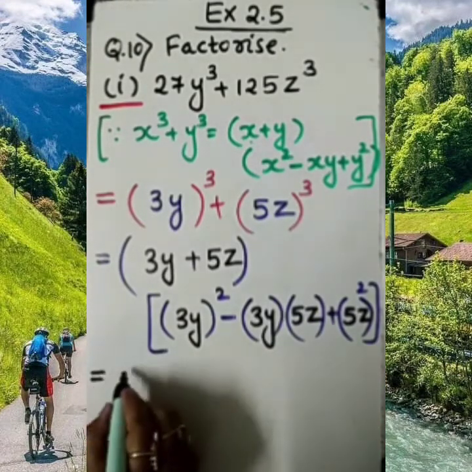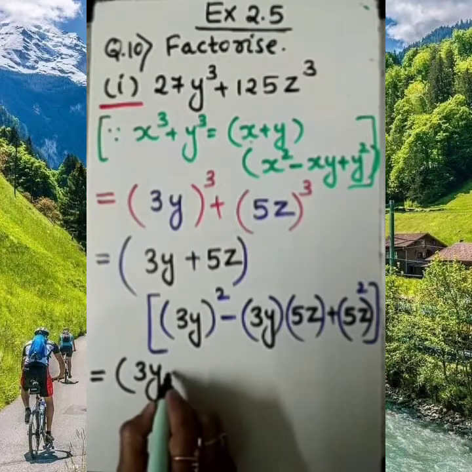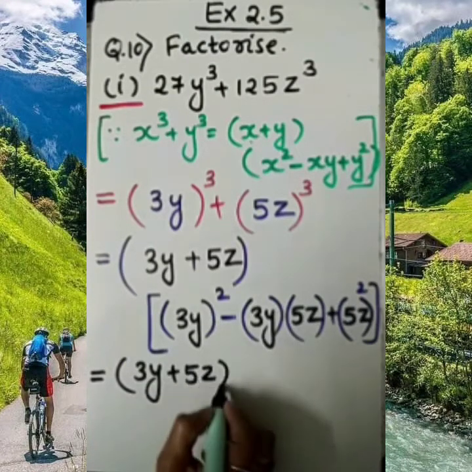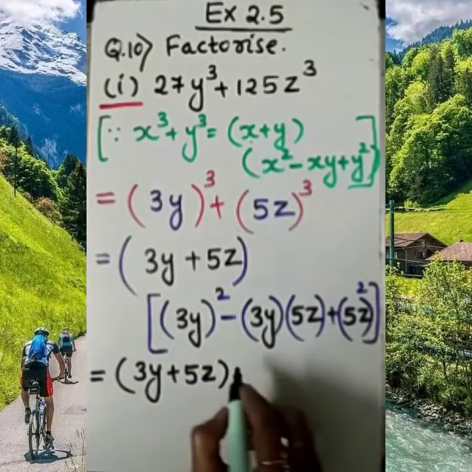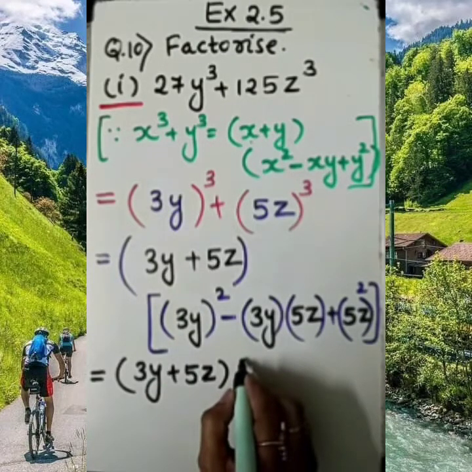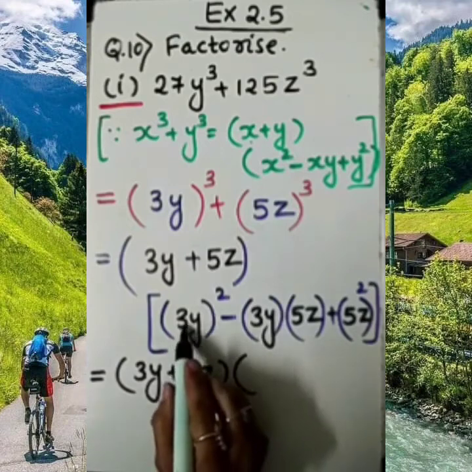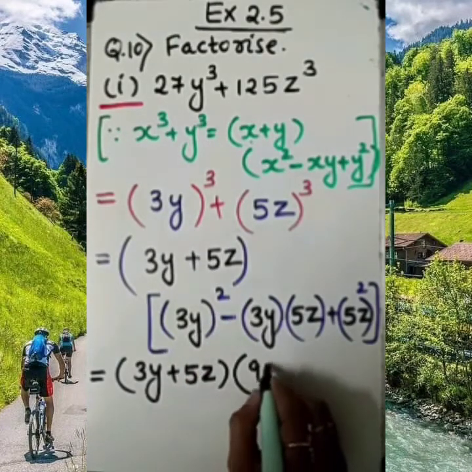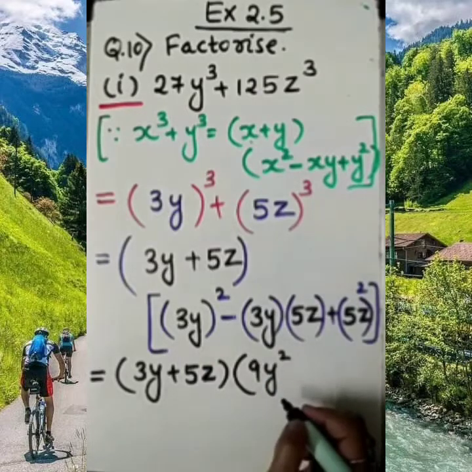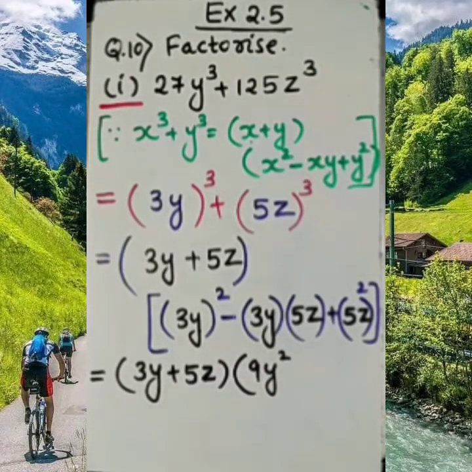Right? Now dear students, the first term plus the second term, 3y plus 5z, is already with us. So I am writing it here. Now we need to simplify this in the bracket. Very simple: 3y whole square will become 9y square, because 3 into 3 is 9.